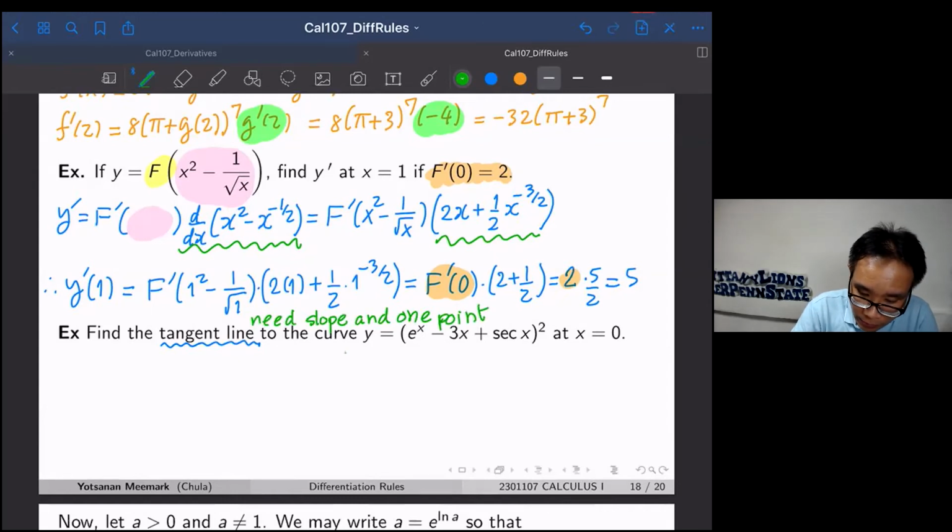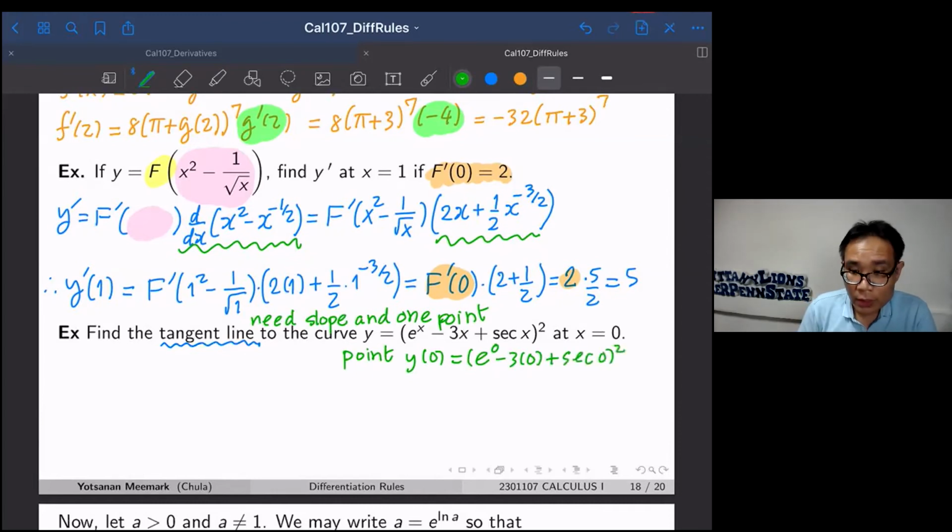For the point, you have y at 0, so it's going to be e to the 0 minus 3 times 0 plus sec(0) squared.